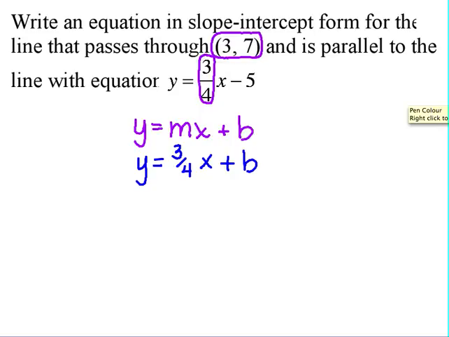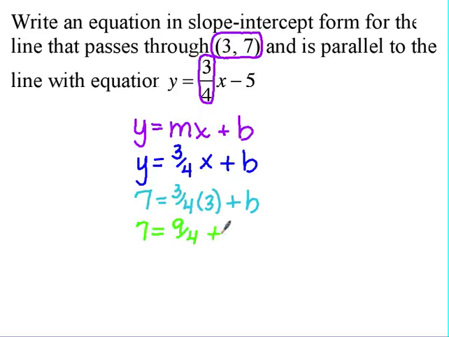I add the 3 and the 7. I use the point. So I'm going to plug in 7 for y and 3 for x. Now what's going to happen is I can go ahead and solve this for b. So let's go ahead. I end up getting 7 equals 9/4 plus b.